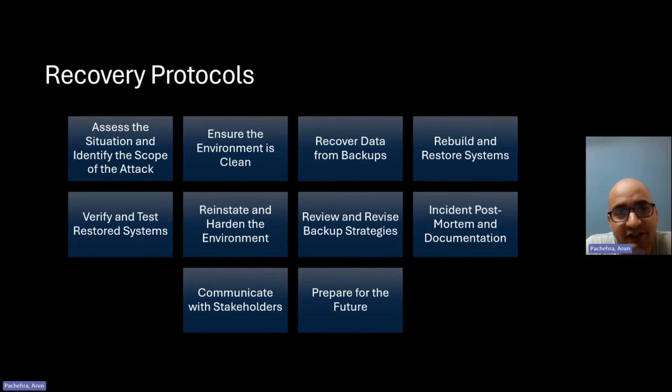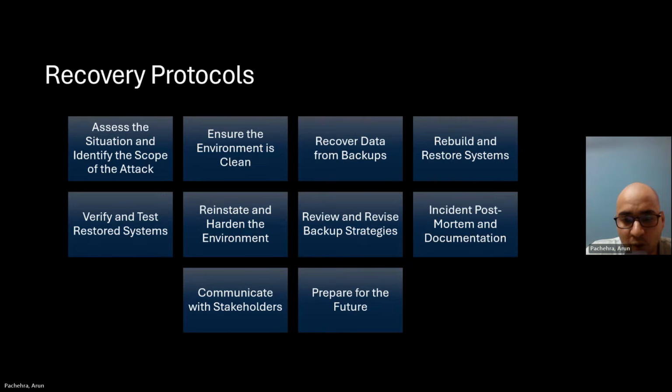Once we have this information, confirm the integrity of your backups by identifying versions of your data stored before the attack. Verify that the backups are unencrypted and free from ransomware, right? We can check all that in the isolated, confined area. Then ensure the environment is clean.